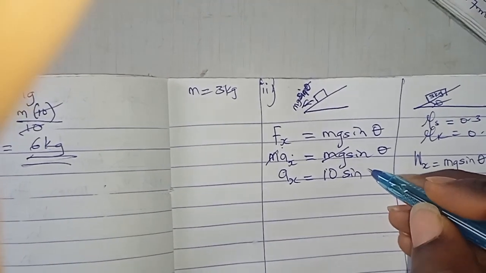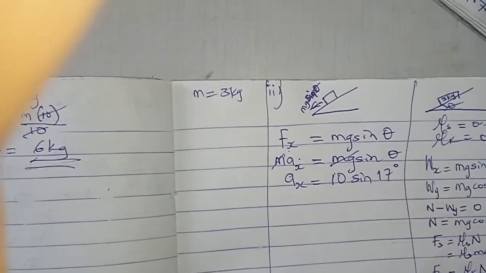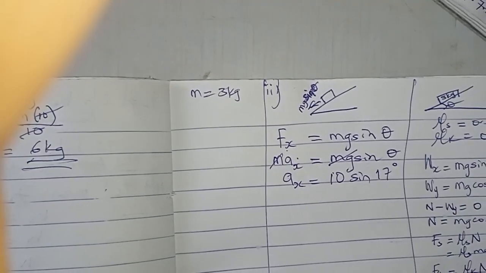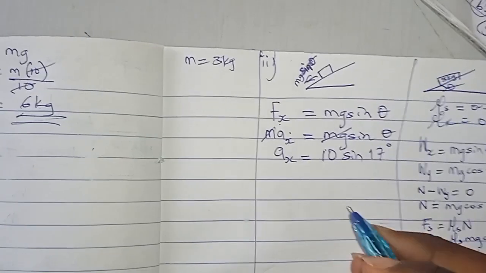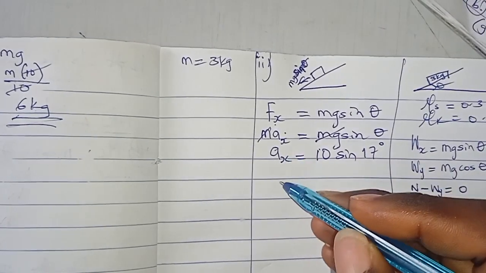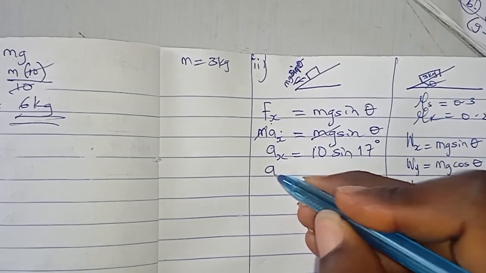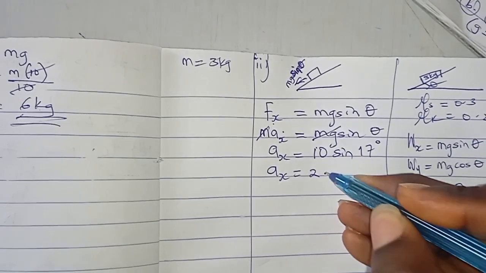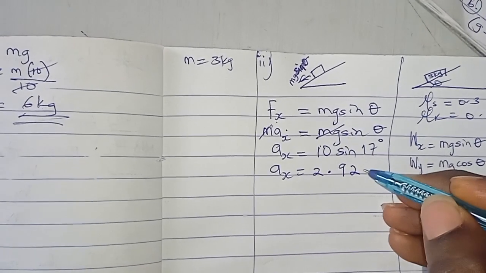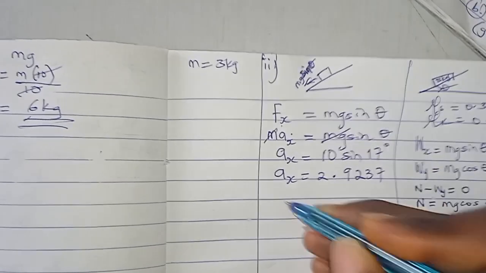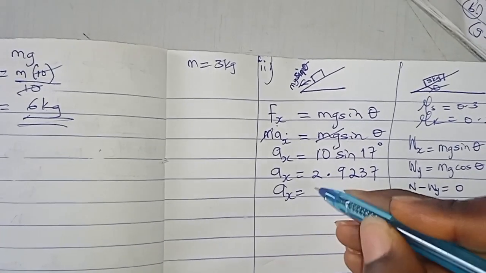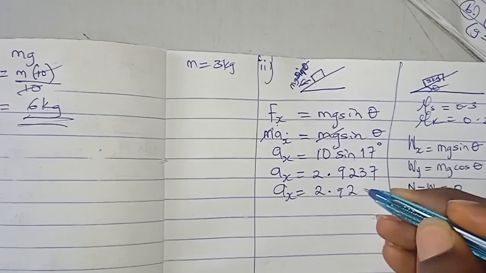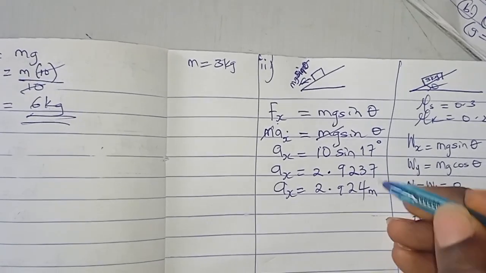We've gotten theta to be 17 degrees. So 10 sine 17 gives you the acceleration to be 2.9237. So the acceleration is equal to 2.924 meters per second squared.